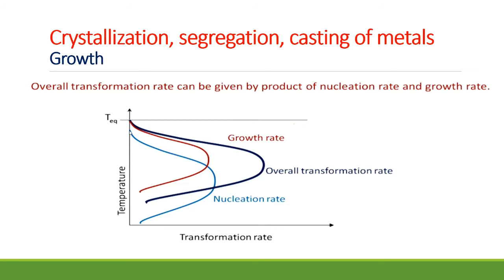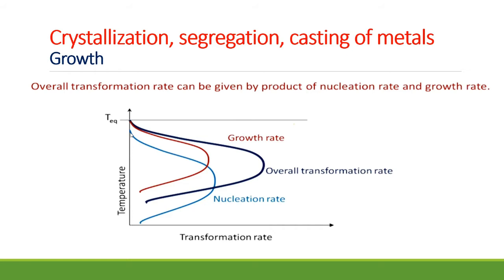By undercooling, I mean cooling below the freezing point. Below the freezing temperature is called undercooling. To initiate nucleation, some undercooling is required, which is the driving force for nucleation.